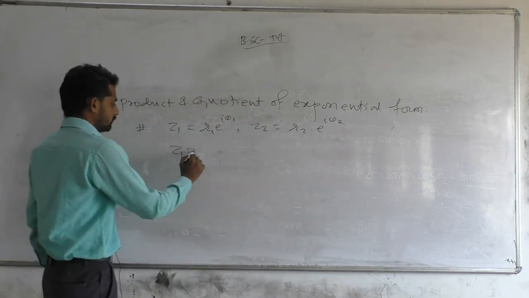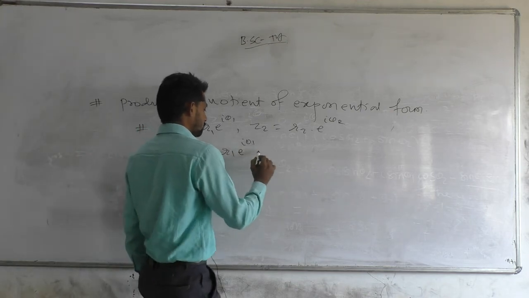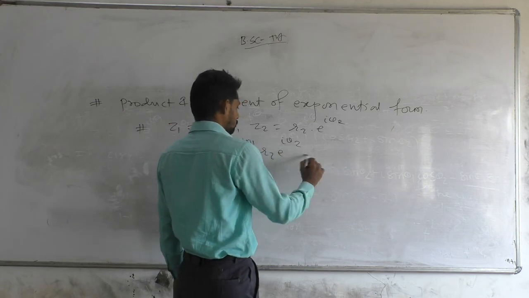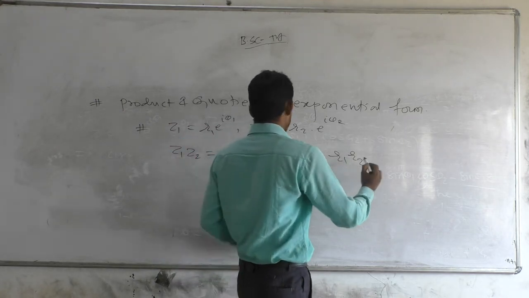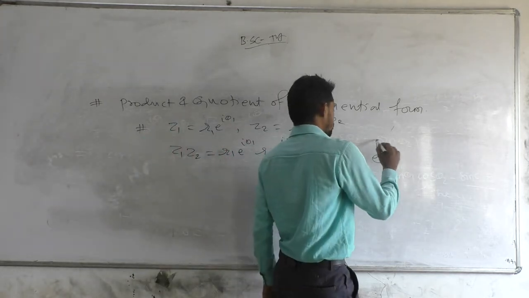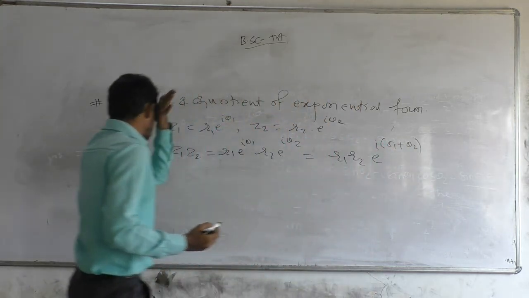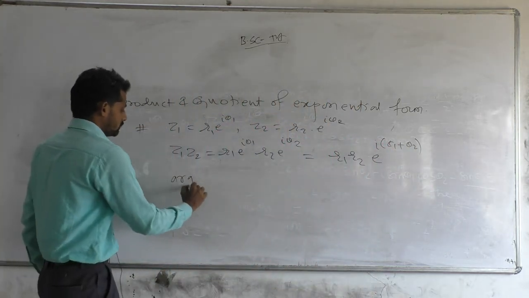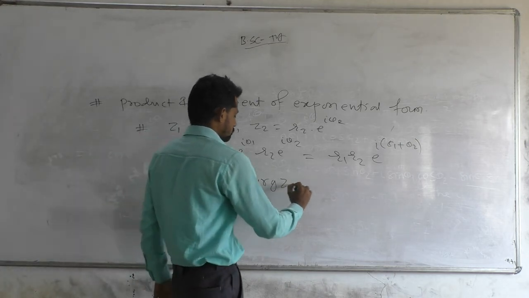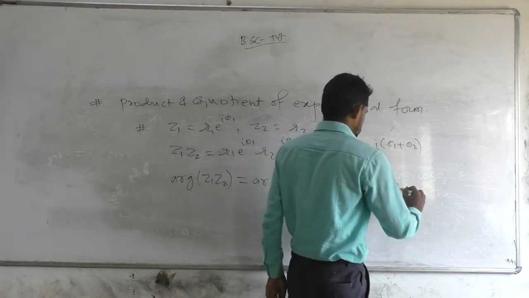Then their product z1 into z2 is equal to r1 e raised to i theta 1 into r2 e raised to i theta 2. It can be written as r1 into r2. We know that e raised to i theta 1 into e raised to i theta 2 is equal to e raised to i theta 1 plus theta 2. Also from this we can write argument of z1 into z2 is equal to argument of z1 plus argument of z2, which is equal to theta 1 plus theta 2.